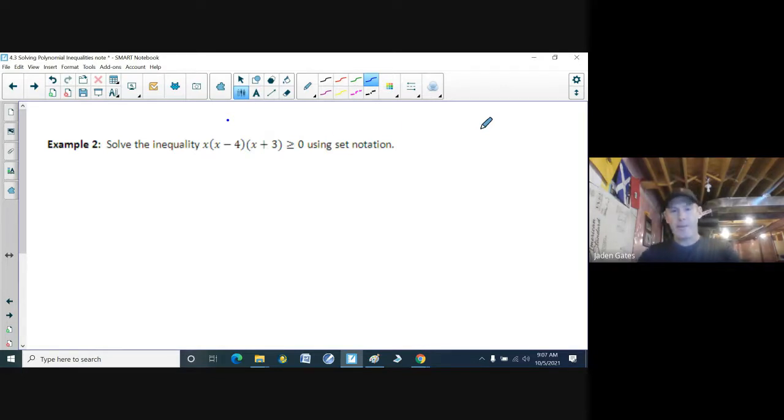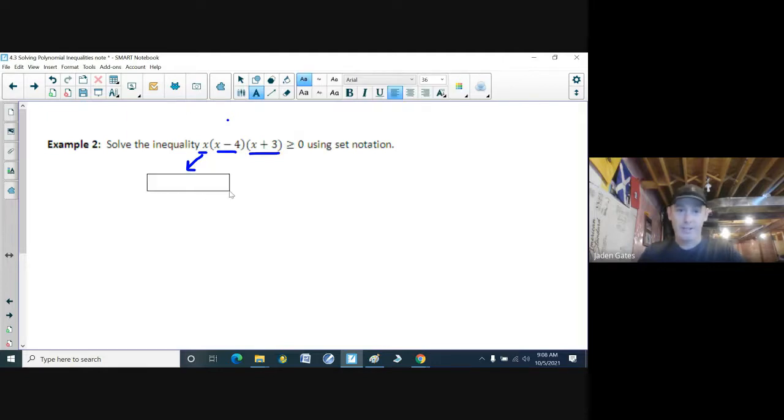The next step is to solve, which again we've done. Now I have 3 factors to worry about in this inequality to solve it, to find my x-intercepts. And so the first one is, well, when does x equal 0? x is equal to 0. That would make that part 0.